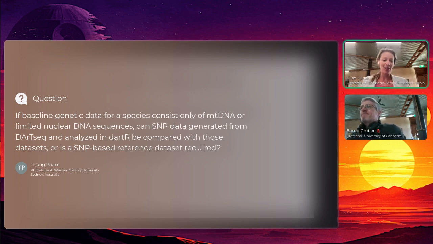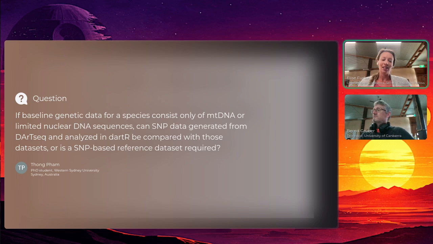So we'll assume you've only got mitochondrial data or limited nuclear data, and you're trying to develop a SNP panel from that. Again, the panel that you generate is only going to be as good as the data that you're using to put into it. So if you're just interested in identifying mitochondrial haplotypes and you've got that mitochondrial data there, then yeah, you could certainly generate a SNP panel to look at mitochondrial haplotypes.